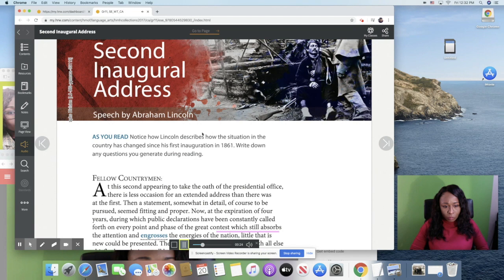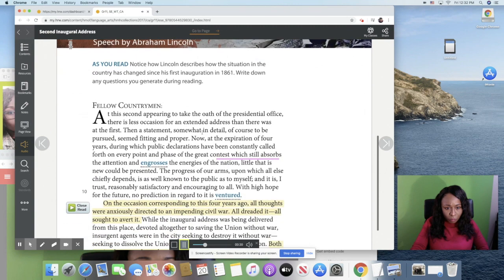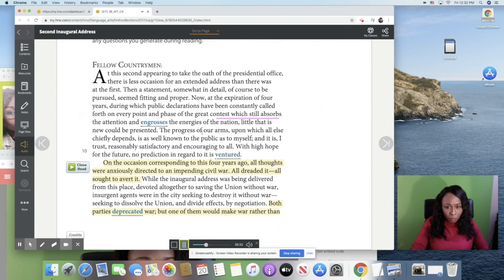Now, at the expiration of 4 years, during which public declarations have been constantly called forth on every point and phase of the great contest which still absorbs the attention and engrosses the energies of the nation, little that is new could be presented. The progress of our arms, upon which all else chiefly depends, is as well known to the public as to myself, and it is, I trust, reasonably satisfactory and encouraging to all.